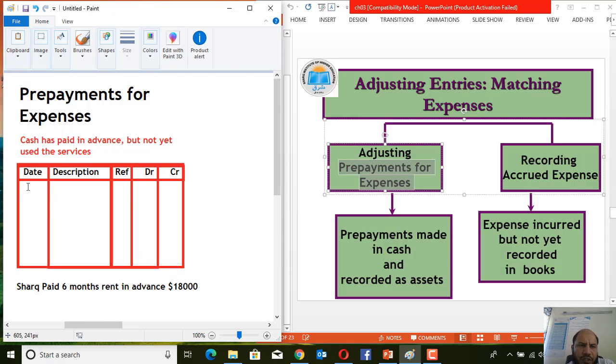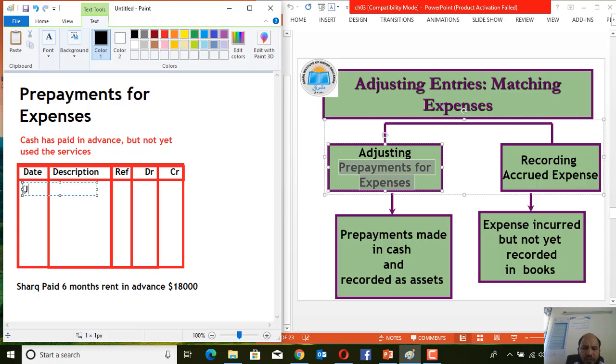So see, dear students, how you will record it. Consider this is January 1st. The Sharq paid in advance, so we may say prepaid rent. How much was the amount? $18,000. This is our asset account. This is our asset. And in return, what we should record over here?